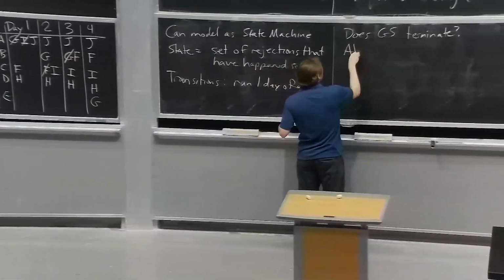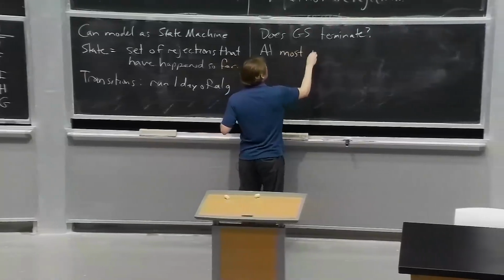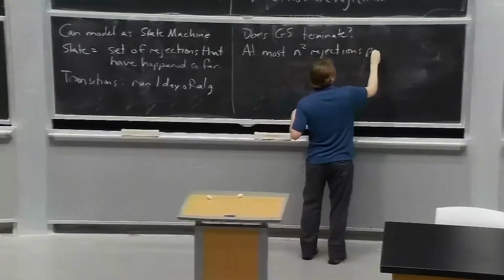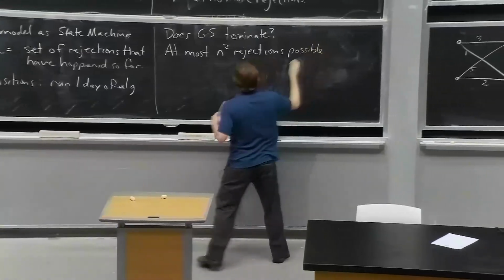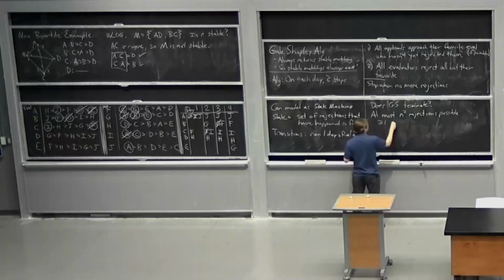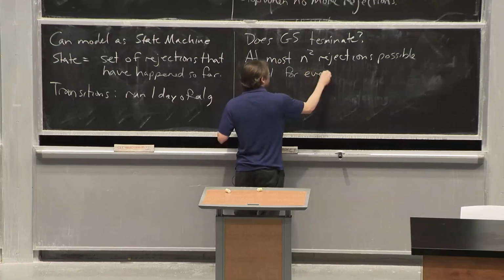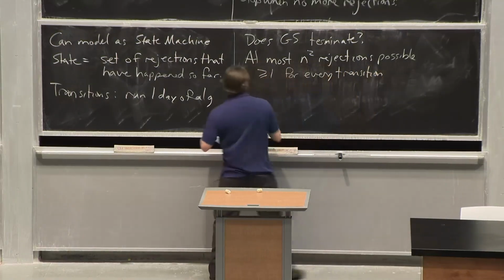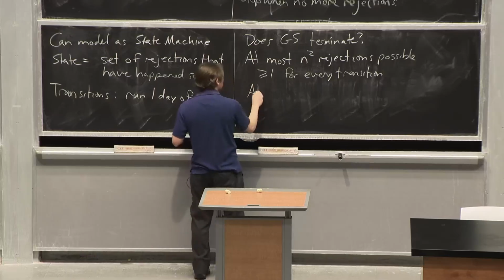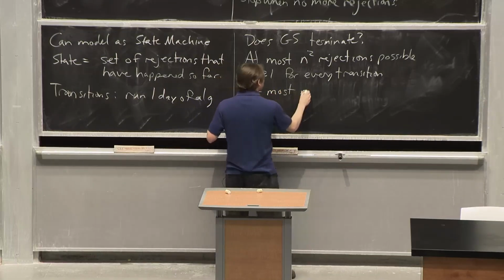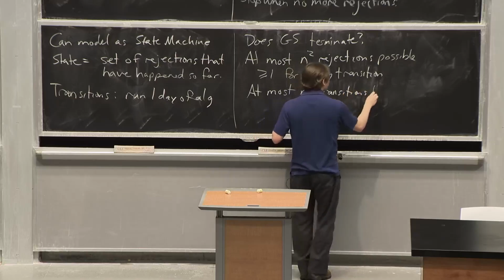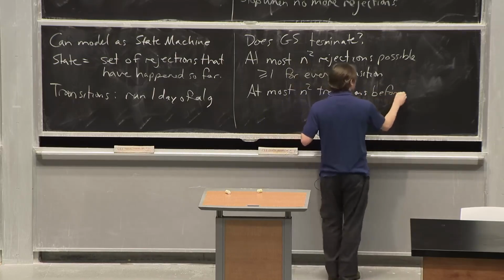So there are at most n squared rejections possible. We use at least one for every transition. So we can follow at most n squared transitions before terminating.